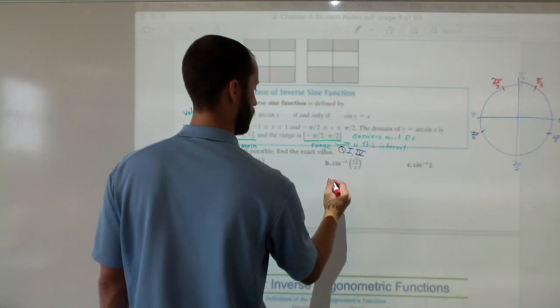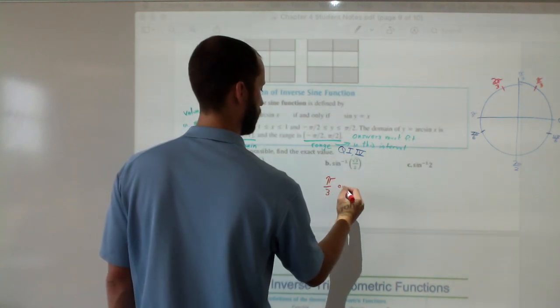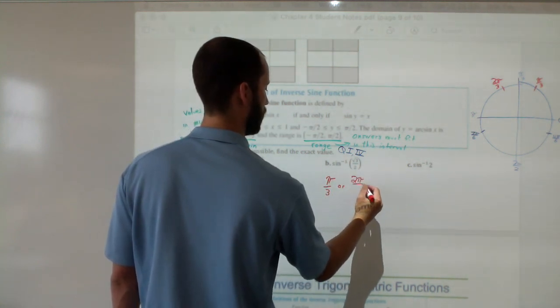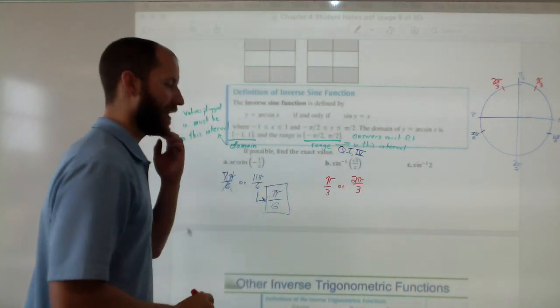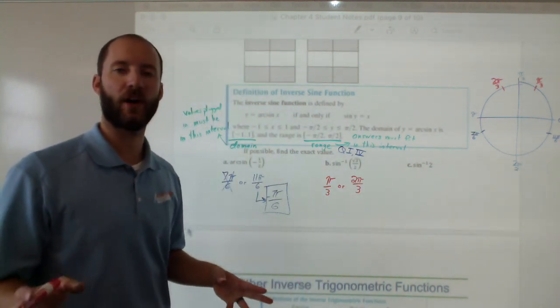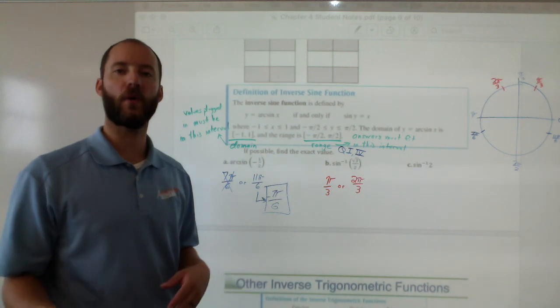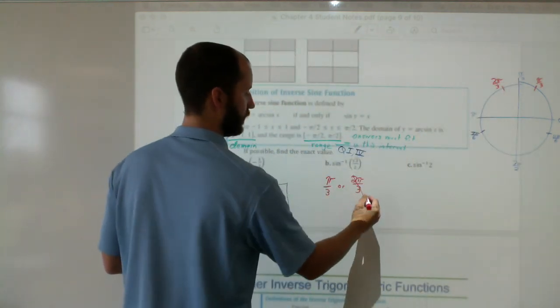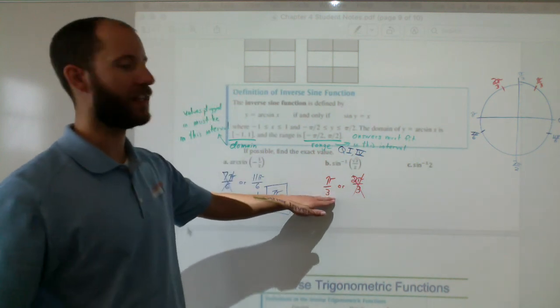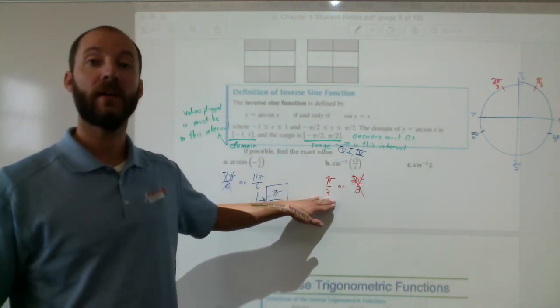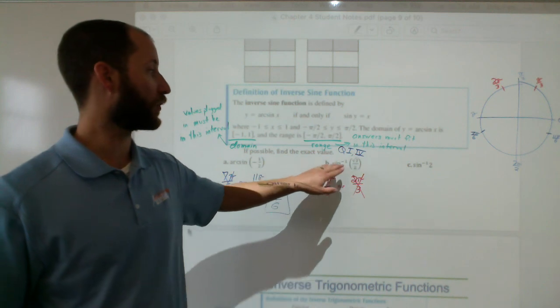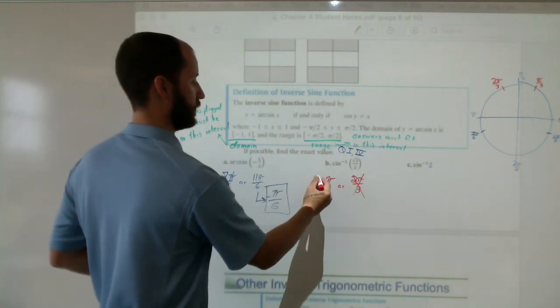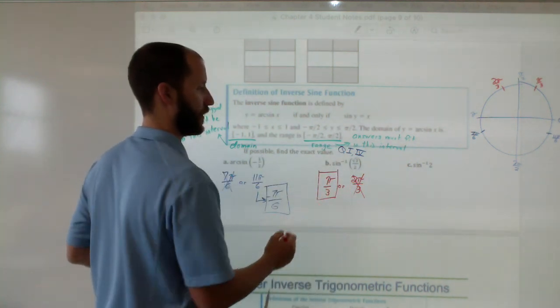So, pi over 3 or 2 pi over 3. But here's the thing, inverse sine can only come from quadrants 1 and 4. 2 pi over 3 is in the second quadrant, so that leaves us with just pi over 3. Luckily for us, pi over 3 also falls in this range, so we have our answer.